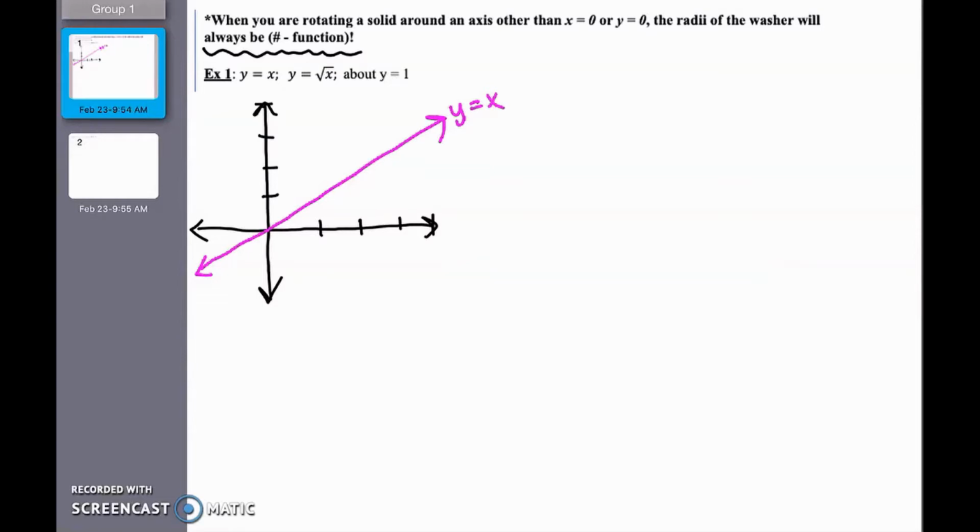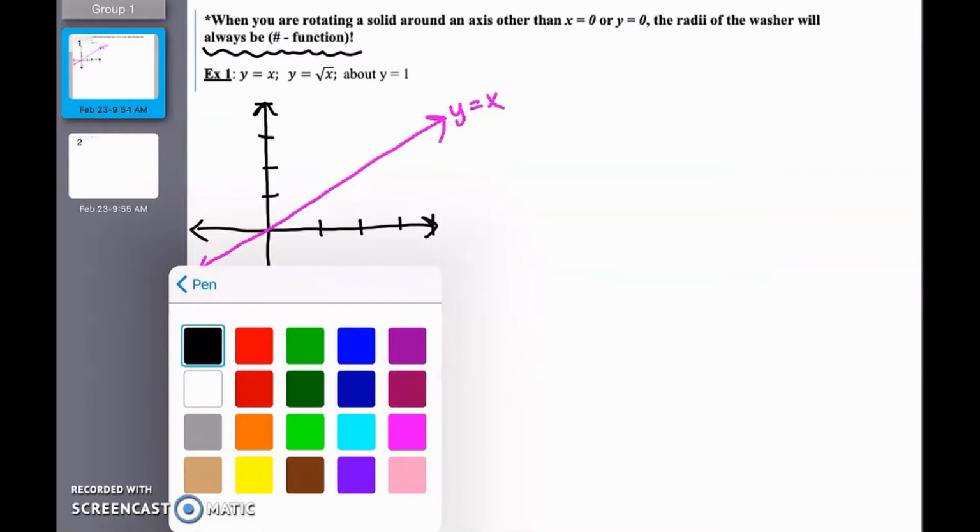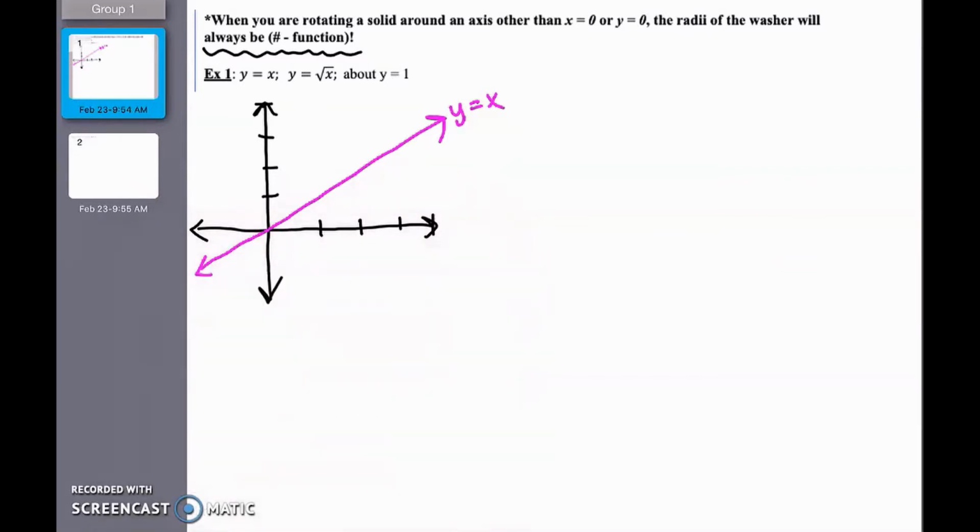So when I graph y equals the square root of x, I know that that starts at 0, 0, and then has a point at 1, 1, and has a point at 4, 2. So the square root of x looks something like this.